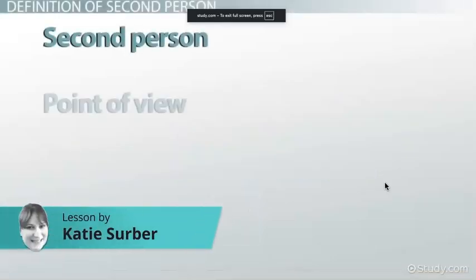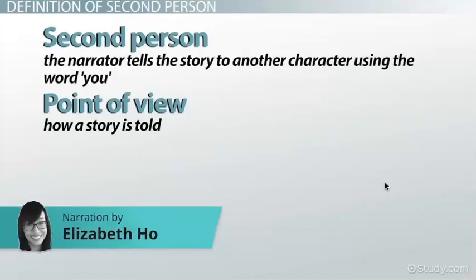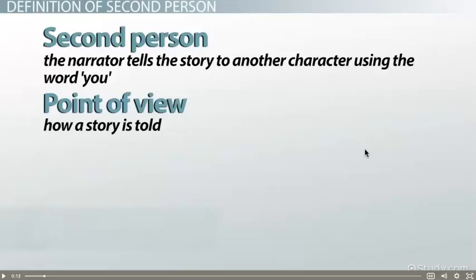Second person is a point of view, how a story is told, where the narrator tells the story to another character using the word you, or they're talking directly to the audience. But how many of you have ever seen the movie Princess Bride? It's such a classic, yeah. Princess Bride, that movie, the grandpa is telling the story to his grandson the whole time. So that's another way that you might see second person, that he's saying you and your because he's telling it to someone else.